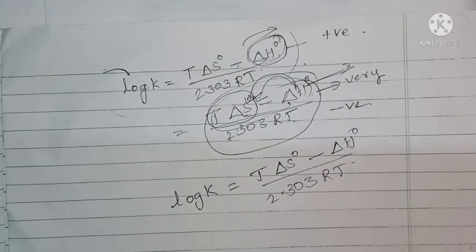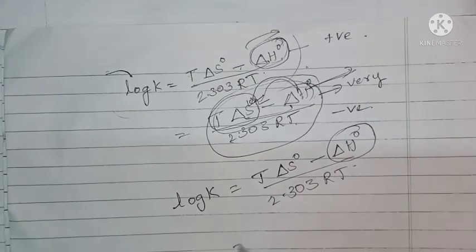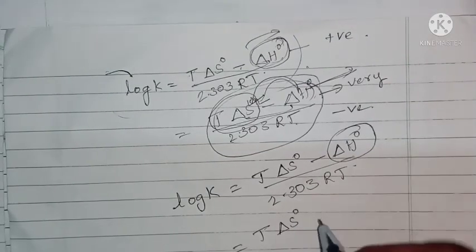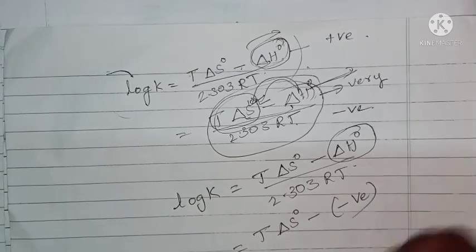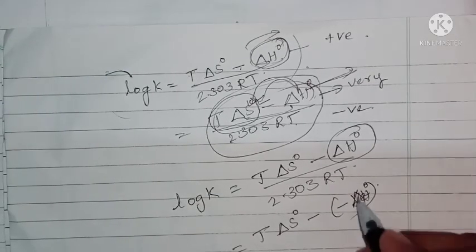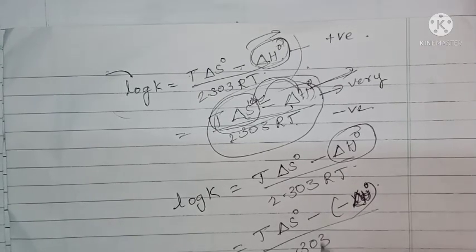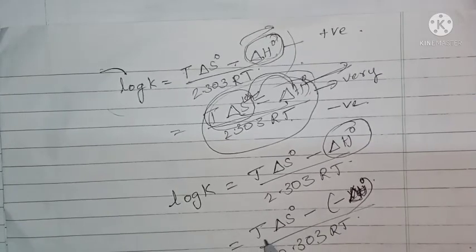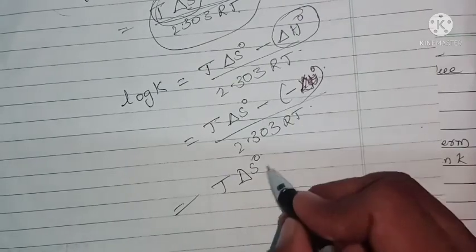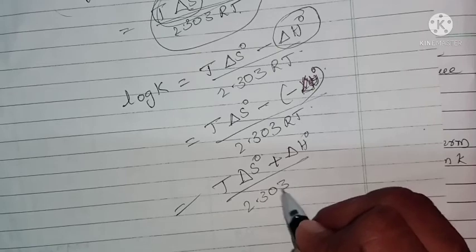Strongly exothermic means delta H value becomes negative, so T delta S naught minus of minus delta H naught, that is T delta S naught plus delta H naught divided by 2.303 RT.